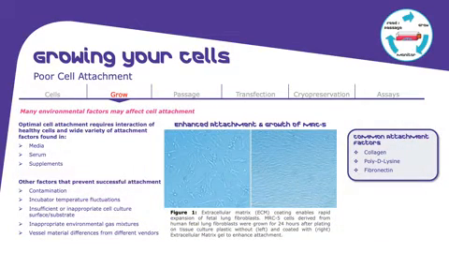If you see poor attachment of your cells, if you're working with adherent cells, there might be a reason for that. There might be some factors which are preventing them from attaching. It might be either contamination, or some changes in the temperature or CO2 in your incubator.